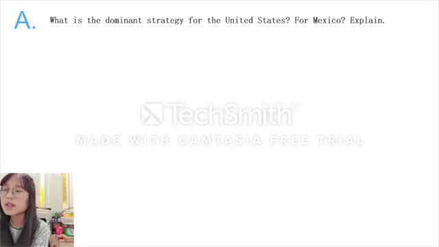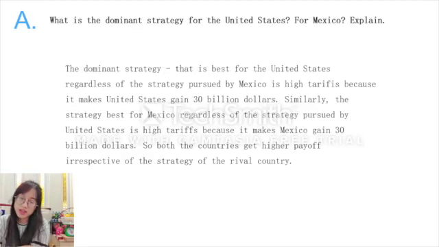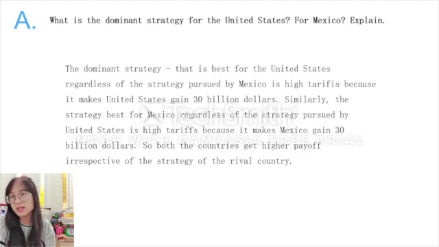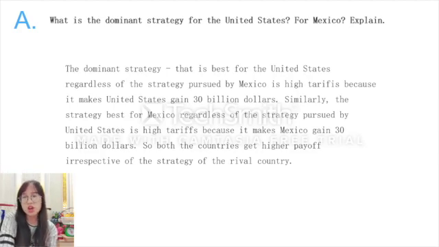The dominant strategy that is best for the United States, regardless of the strategy pursued by Mexico, is high tariffs, whereas Mexico's is low, because it makes the United States gain $30 billion. Similarly, the best strategy for Mexico, regardless of the strategy pursued by the United States, is high tariffs, because it makes Mexico gain $30 billion more. So both countries get a higher payoff irrespective of the strategy of the rival.